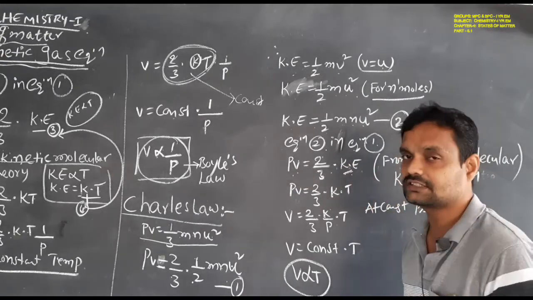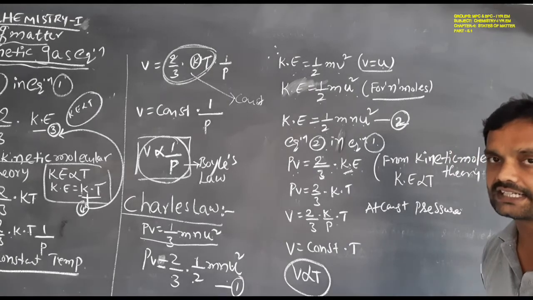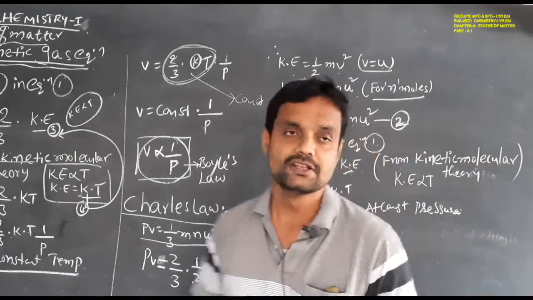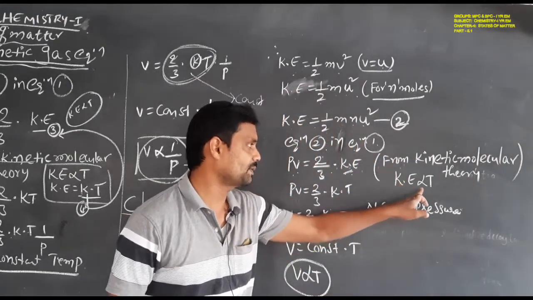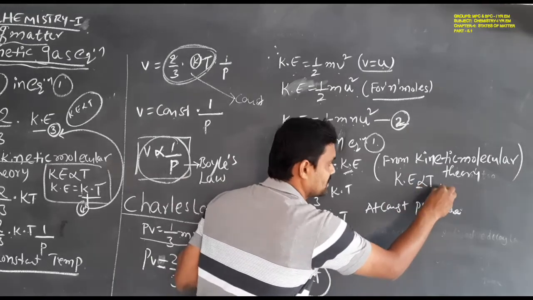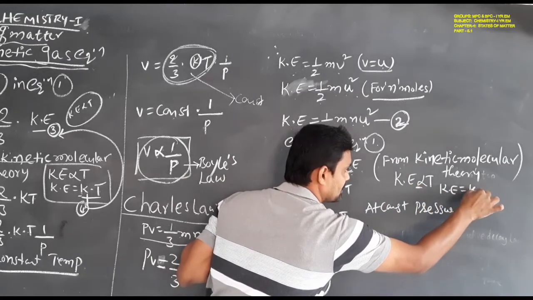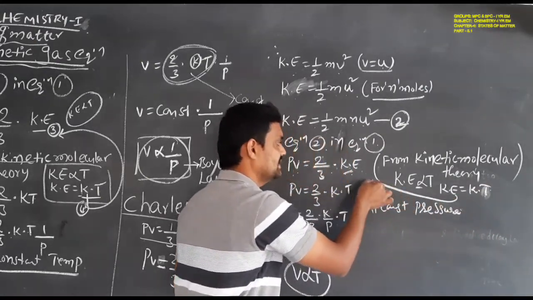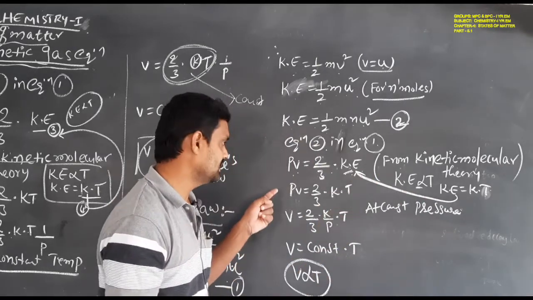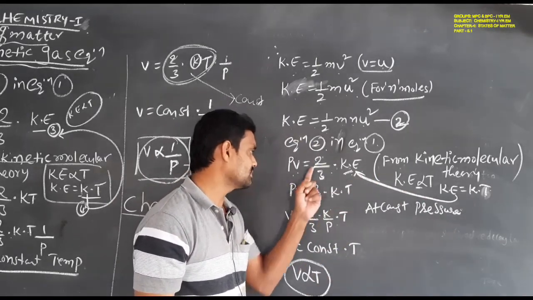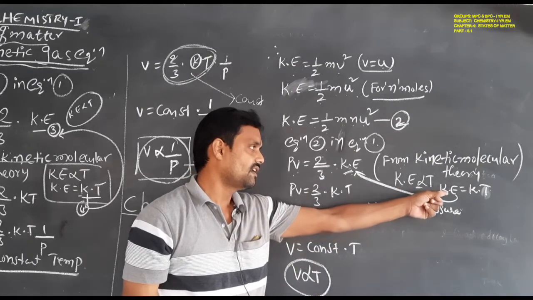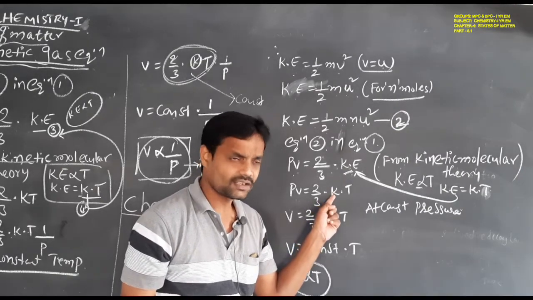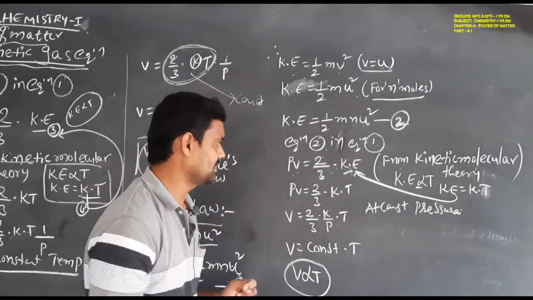But KE, according to the kinetic molecular theory, the average kinetic energy of gas molecules is directly proportional to the absolute temperature. So from kinetic molecular theory, KE is proportional to T. When we remove the proportionality, KE equals constant K into T. Then this is substituted here, so the equation changes as PV equals 2 by 3 into K into T, where K is the constant and T is the absolute temperature.